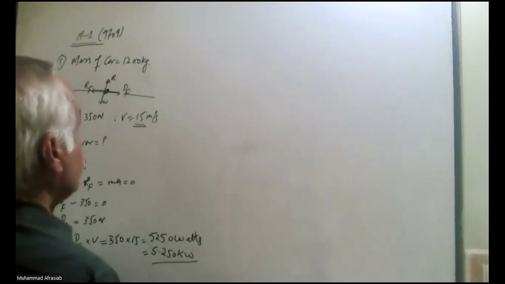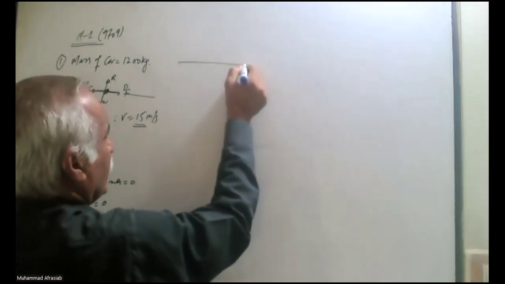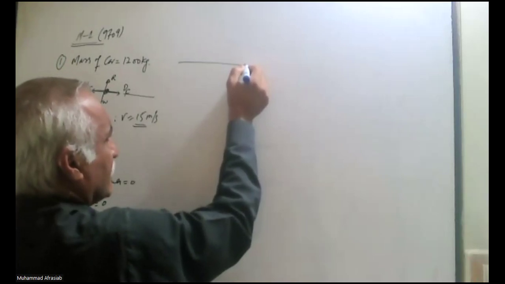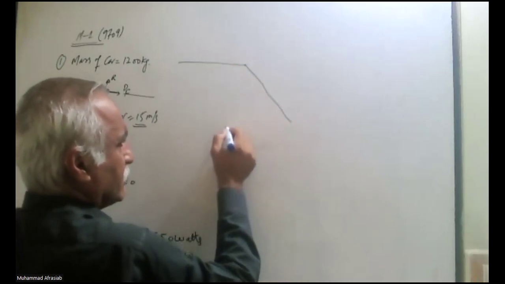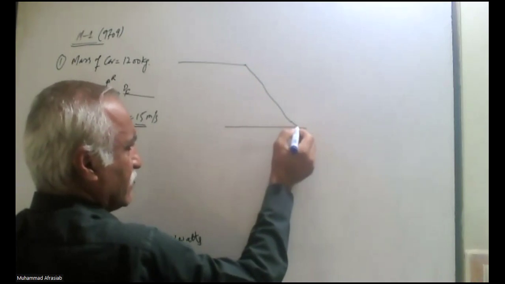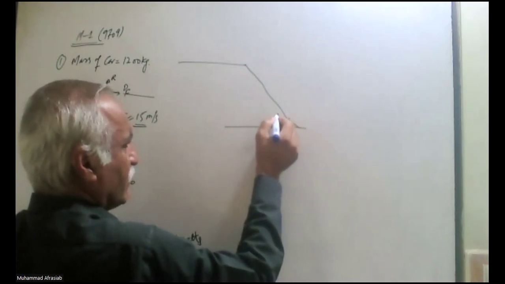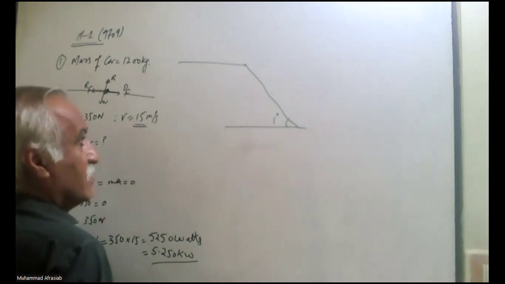Now in the next part, the car is moving on a horizontal surface and then it is on an inclined plane with 1 degree to the horizontal.